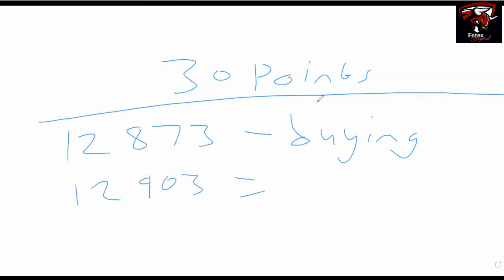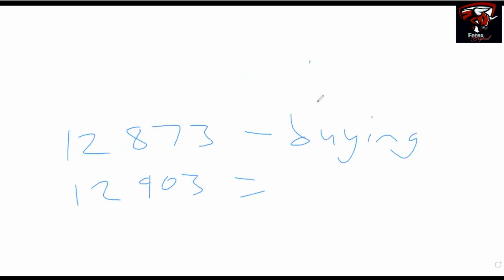Therefore, when the market reaches 12,903, I'm going out. So the default take profit for Nasdaq signals is 30 points, which is the default one that I use personally. You will just see what works for you.